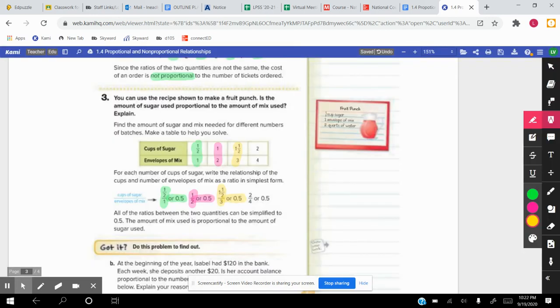Then if we have 2 cups of sugar and 4 envelopes of mix, that also reduces down to 5/10. So when we take a look at all of our ratios, they all reduce down to the same amount. So that means all the ratios between the two quantities can be simplified to 5/10. The amount of mix used is proportional to the amount of sugar used.